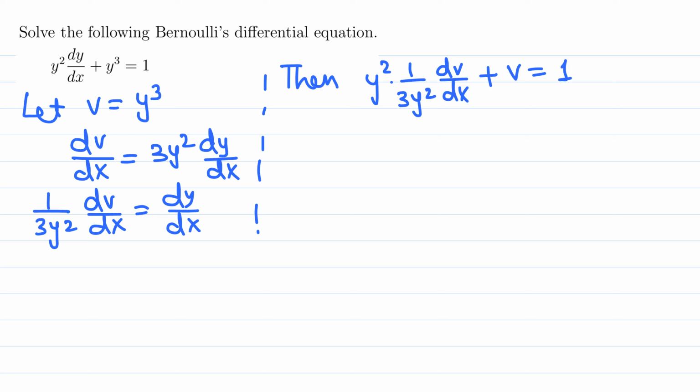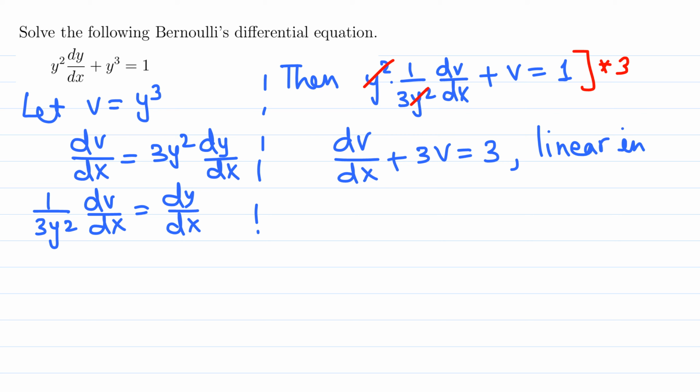Now let's simplify. y squared cancels, and we can multiply through by 3 so that the 1/3 is gone. So 1/3 times 3 is just 1, so dv over dx plus 3v equals 3. Okay, now this is linear in v with respect to x.